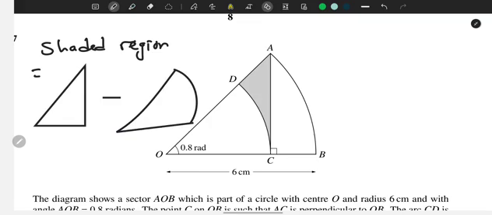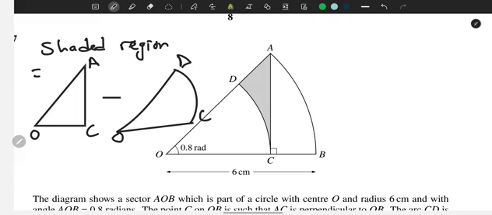If you remove this sector from the triangle, you will definitely have the shaded region. The triangle, don't forget, is OAC, and the sector is ODC.